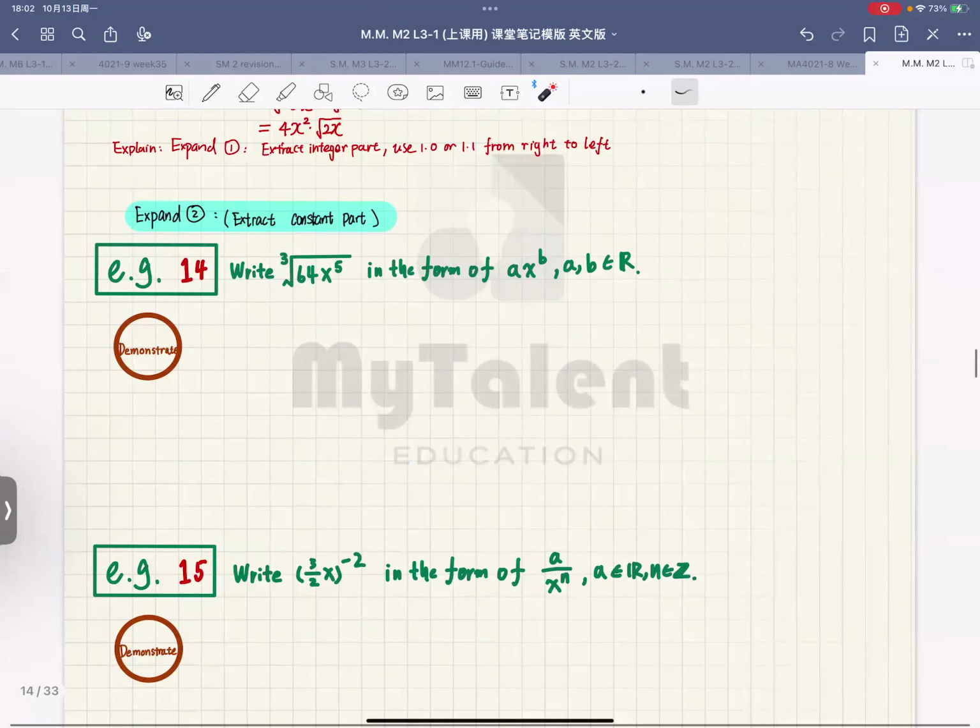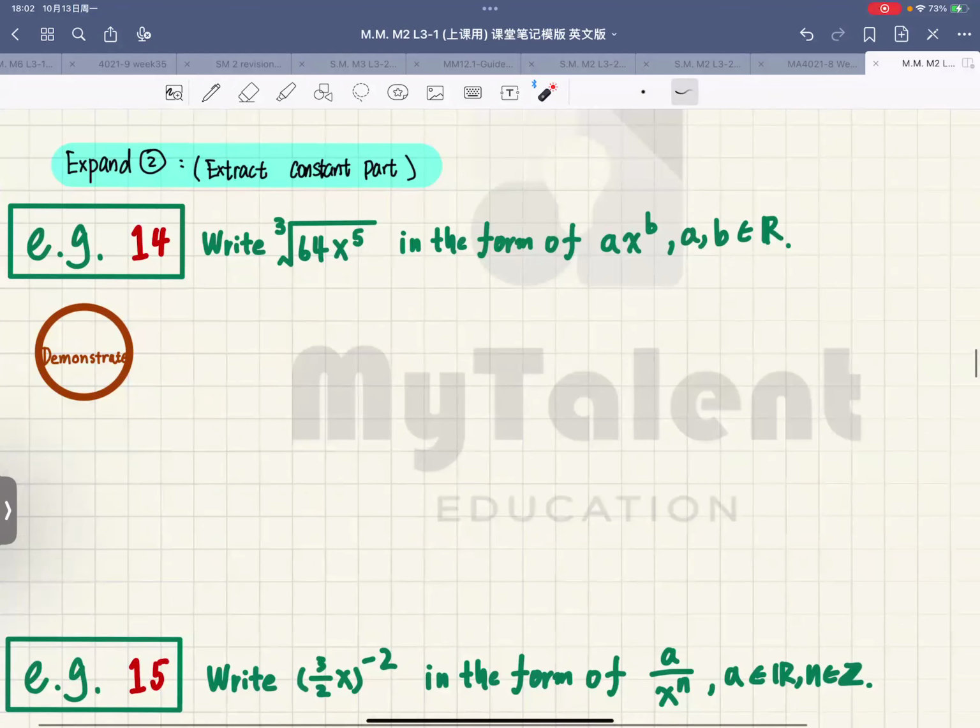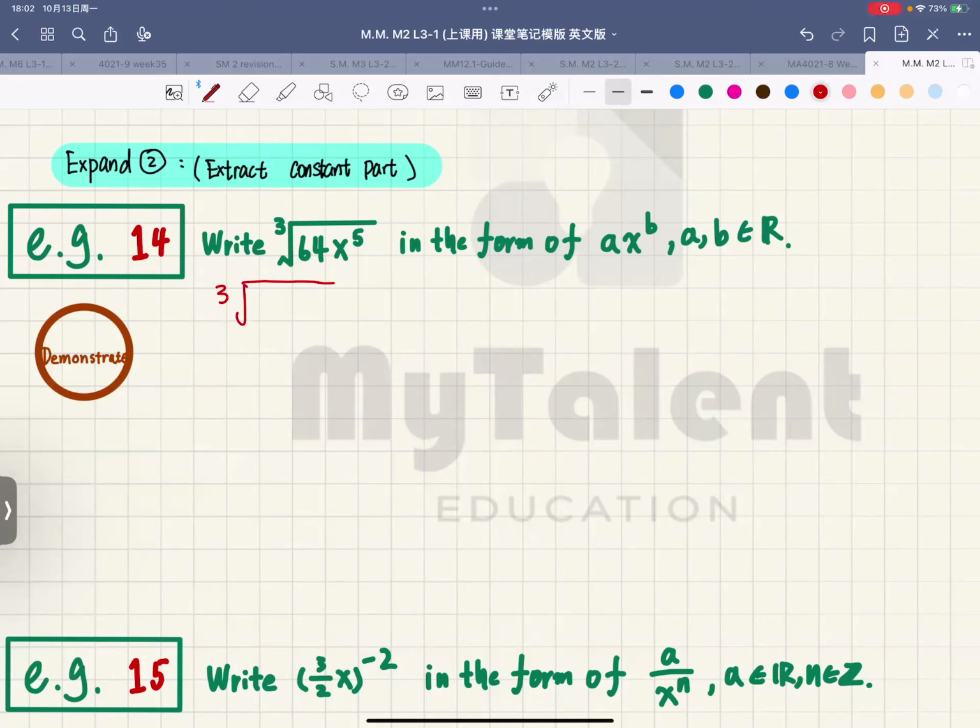Okay, now question 14. Expand. Write this in the form of ax to the power of b, where a and b are real numbers. Okay. So basically, that's the cube root of 64x to the power of 5.